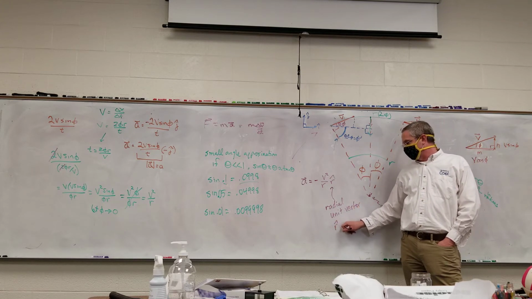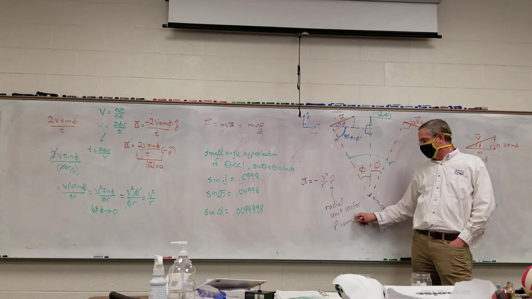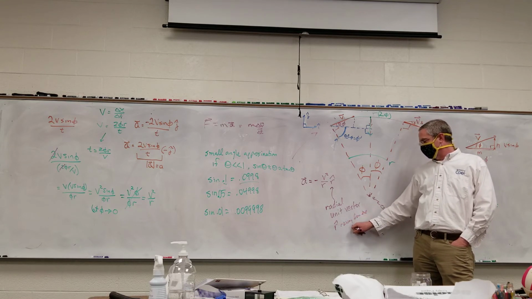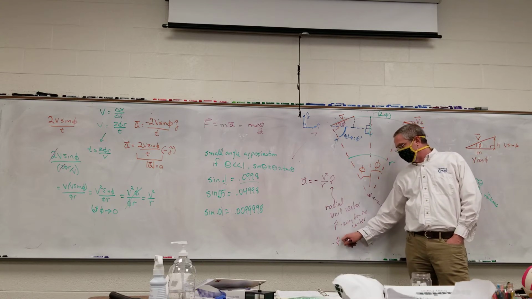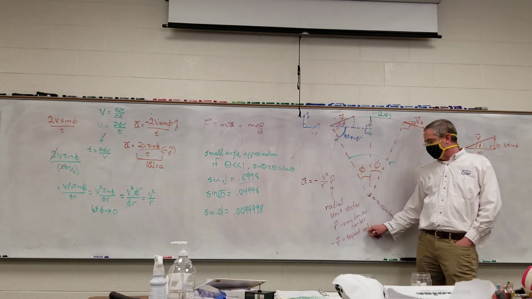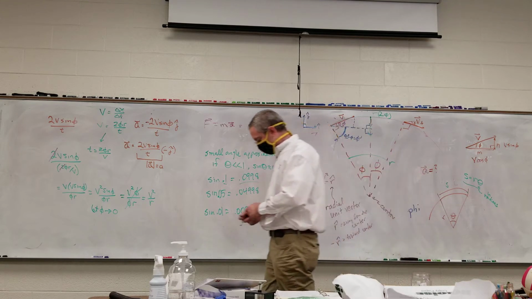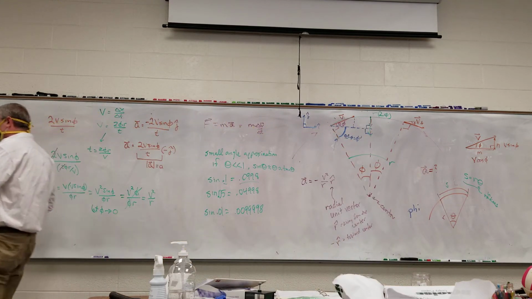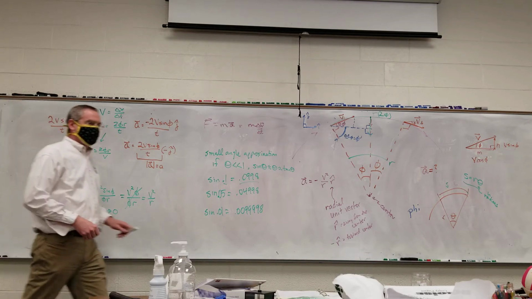So r hat is away from the center. So negative r hat would be the opposite, or toward the center. Questions here?